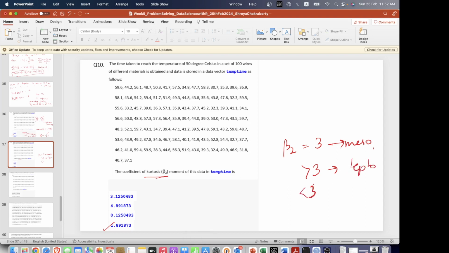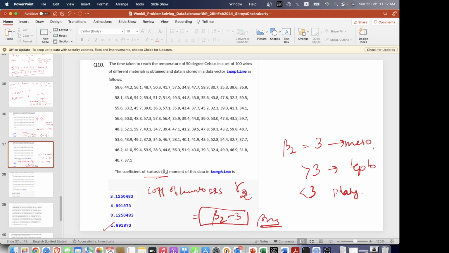And if it is less than 3, then it is platy. Now one more thing, if you are asked to find the coefficient of kurtosis gamma 3 or gamma 2, then you would have to do beta 2 minus 3 and then report your answer.